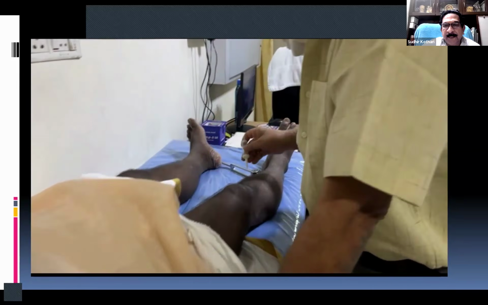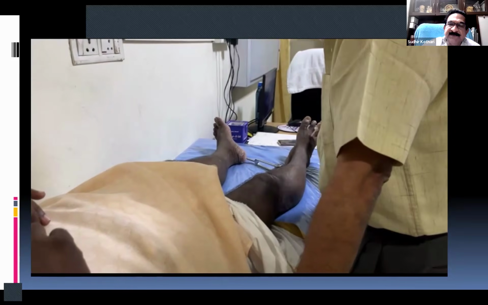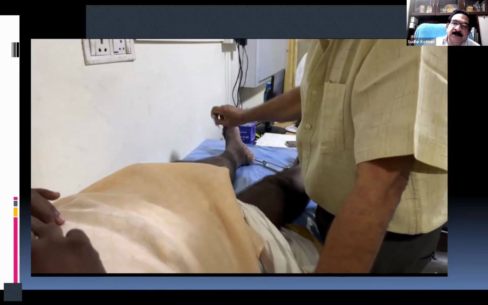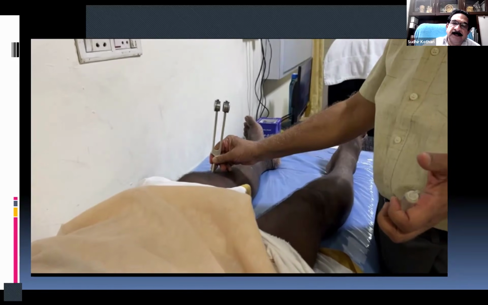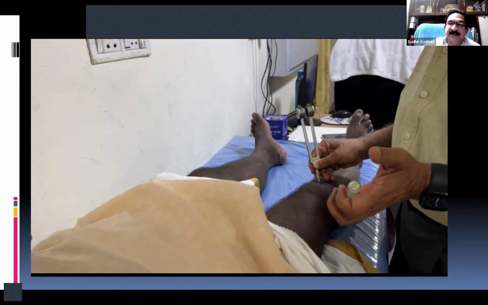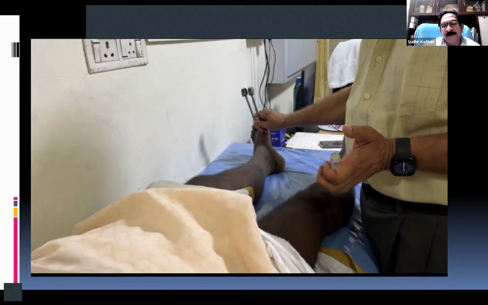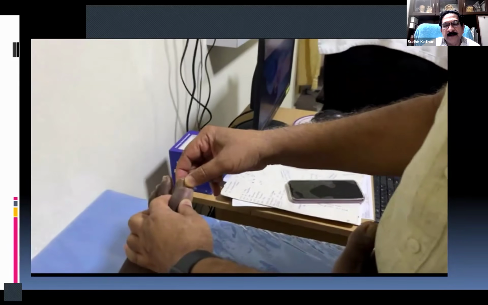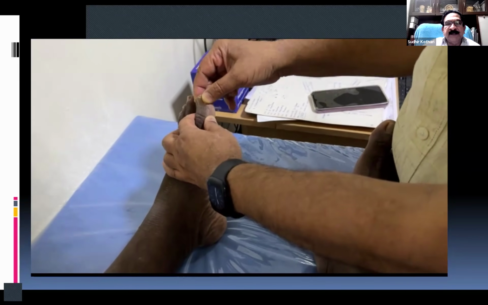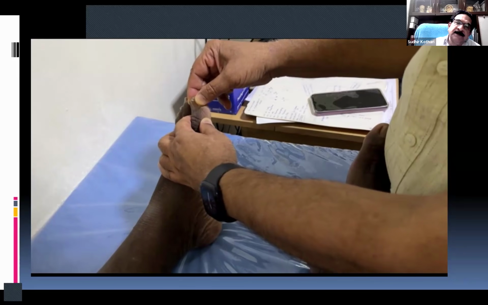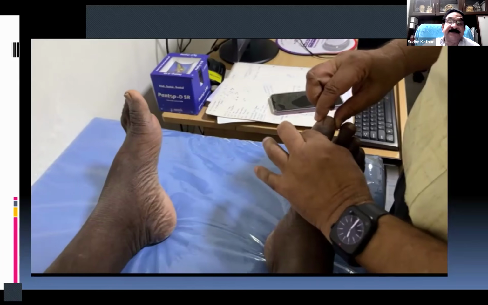It's different on the right side. On the dorsum also it is less. We don't know the level. Vibration is normal. Joint sense: impaired on the left toe.